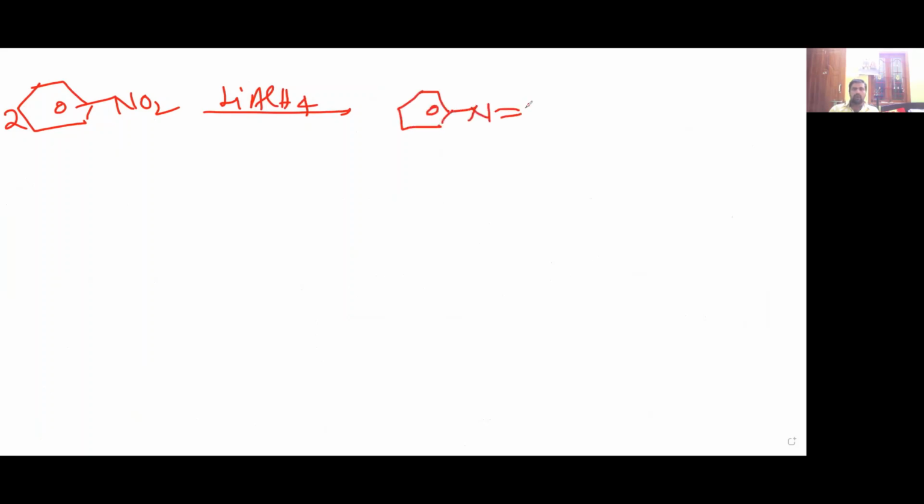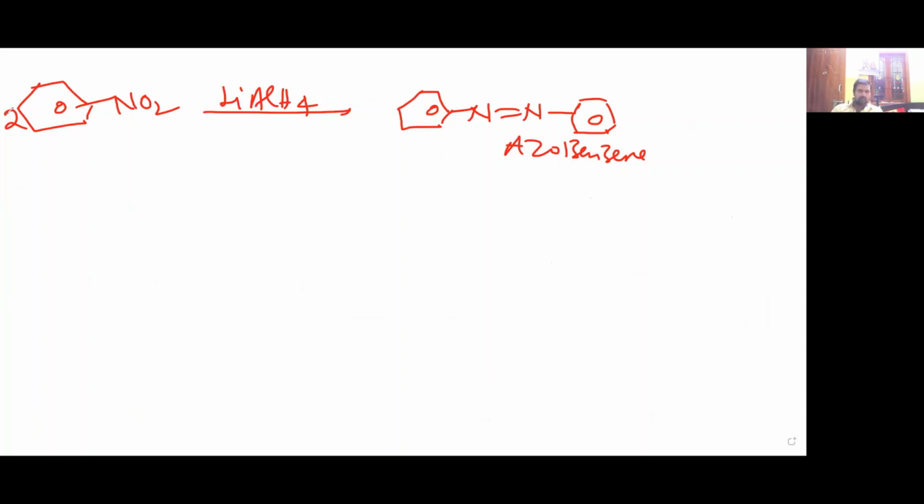Just take it as nitrobenzene. Suppose this nitrobenzene is treated with LiAlH4, you are going to get azobenzene. You are not going to get aniline. Okay, so this is an experimental observation. If you take LiAlH4, what is formed?